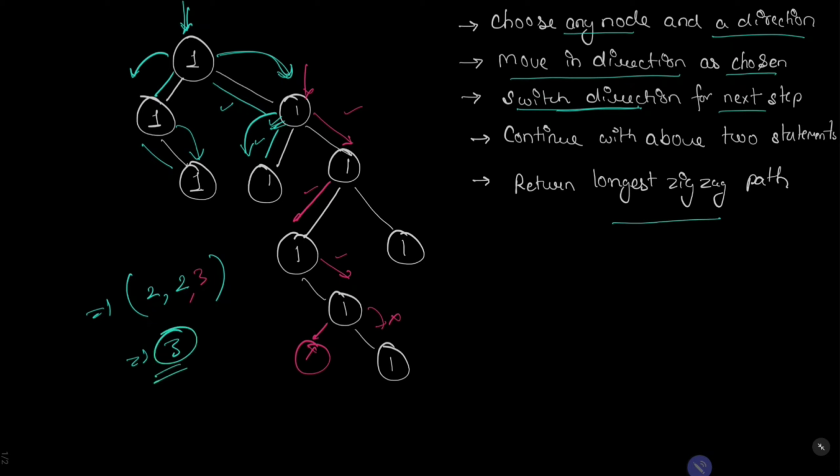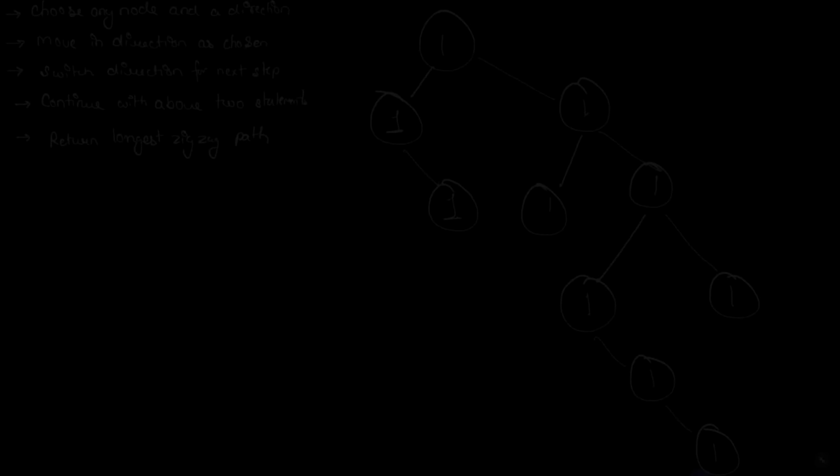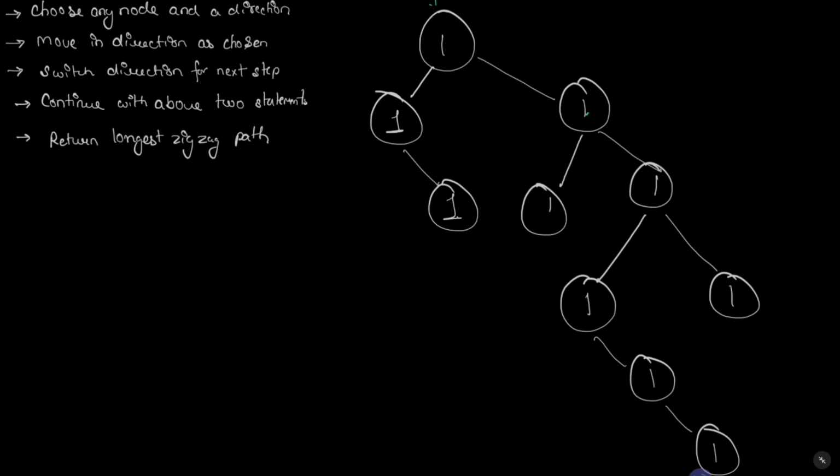Now let's understand how we are going to approach these kinds of problems. Let's suppose we are at this root node and we have made a decision to jump to the right node. We have chosen the node, we have taken the right direction. Now we have made a jump from this root node to the right child.